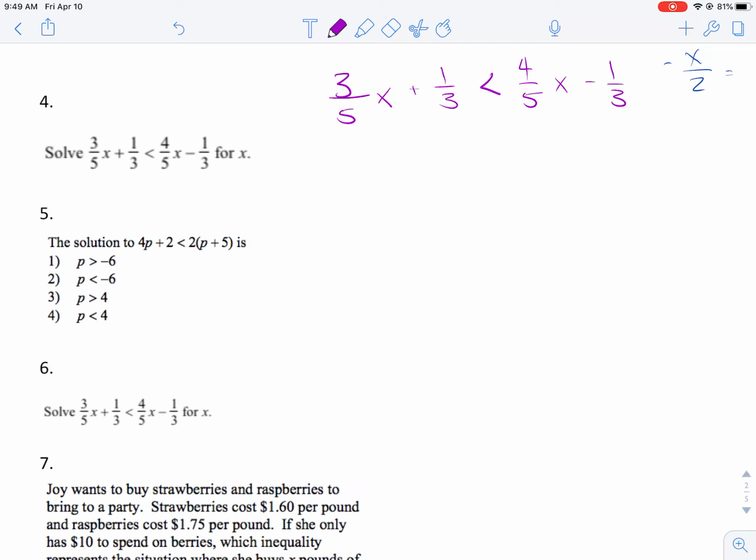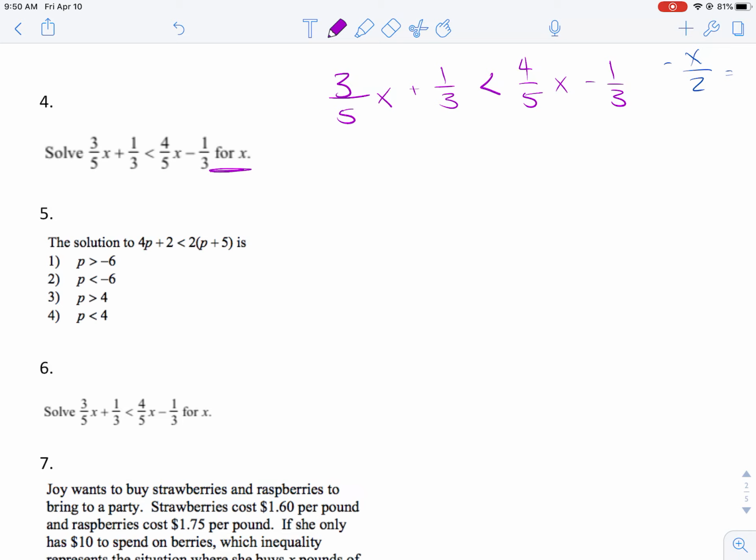So anyway, here is number 4, and we are solving for x. Now what sucks about this one is, yes, the fractions. But what's positive about this is, if you notice, we have common denominators.